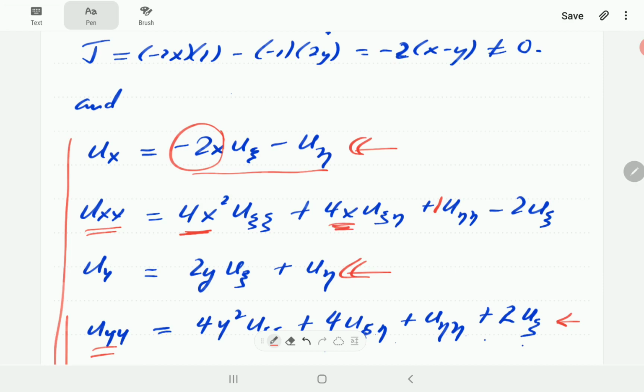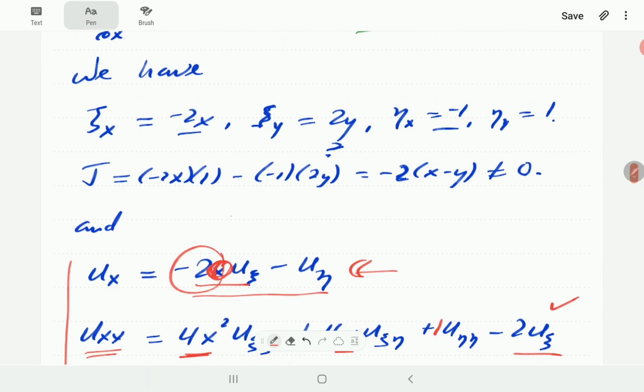But because of the second order derivative, when you do this you're going to have to use the product rule. So when you differentiate this with respect to x, that's when you get this one. So that's why you've got that first order derivative one. It's because here xi_xx is the -2, so that's why you get that one.